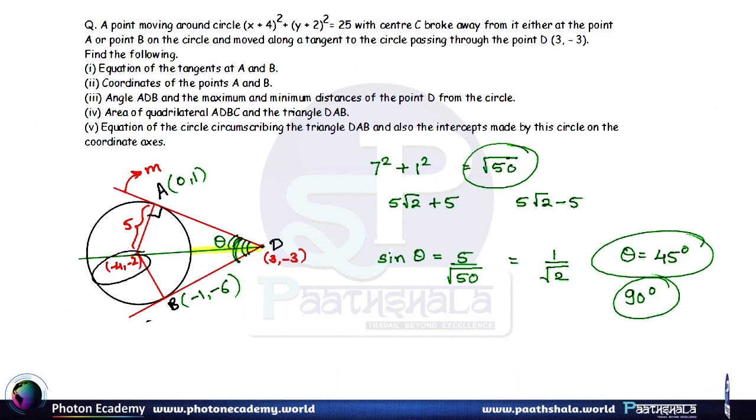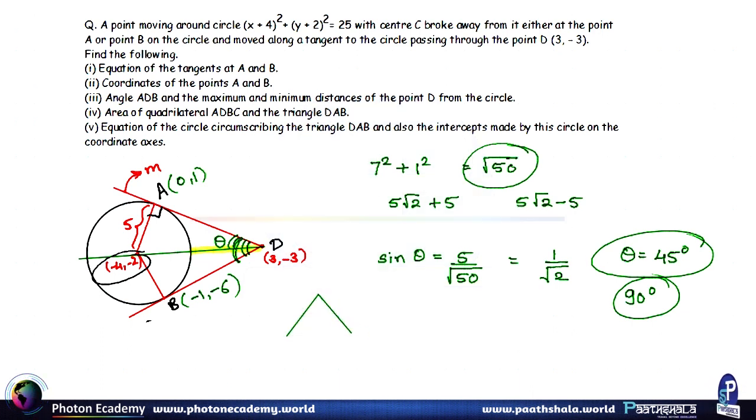Next part, we have to find out area of the quadrilateral ADBC and triangle DAB. Okay. So right now we basically have a figure like this. We know that this is 90, this is 90, and we have just discovered that this is 90 as well.